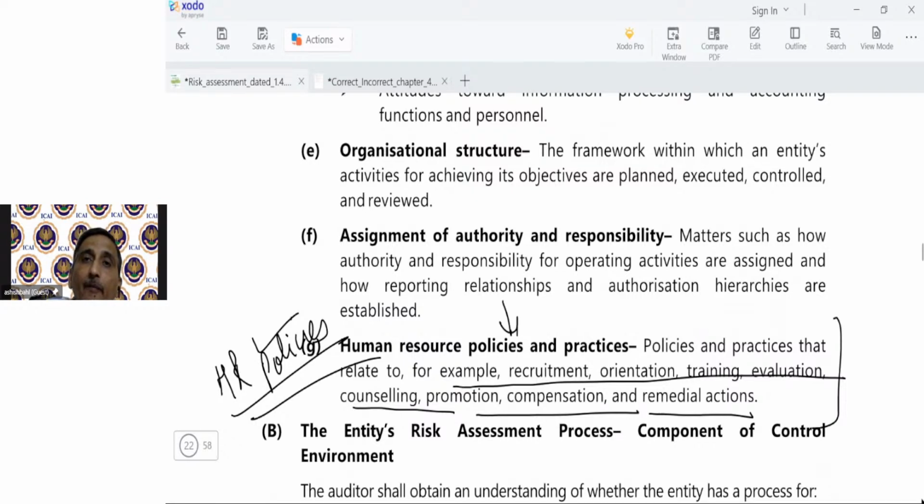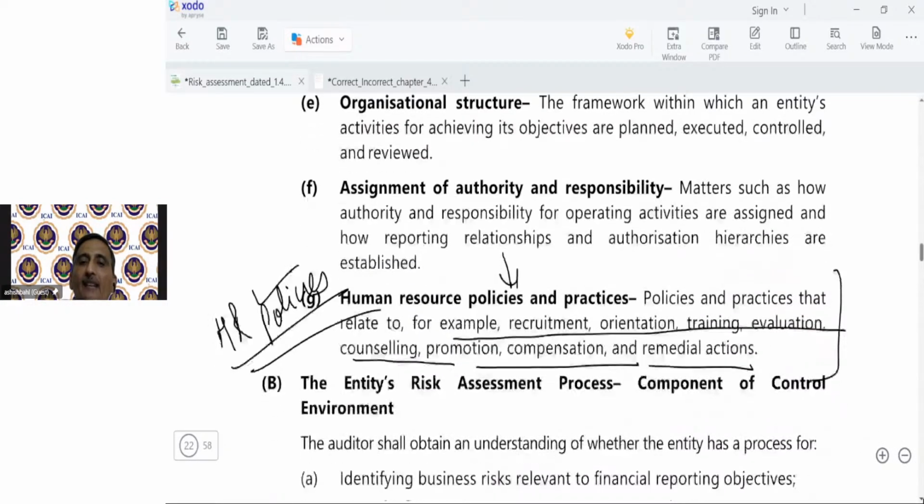They regularly conduct training programs and give due promotions. All these go to make good human resource policies. Okay, so clear guys, control environment is clear.